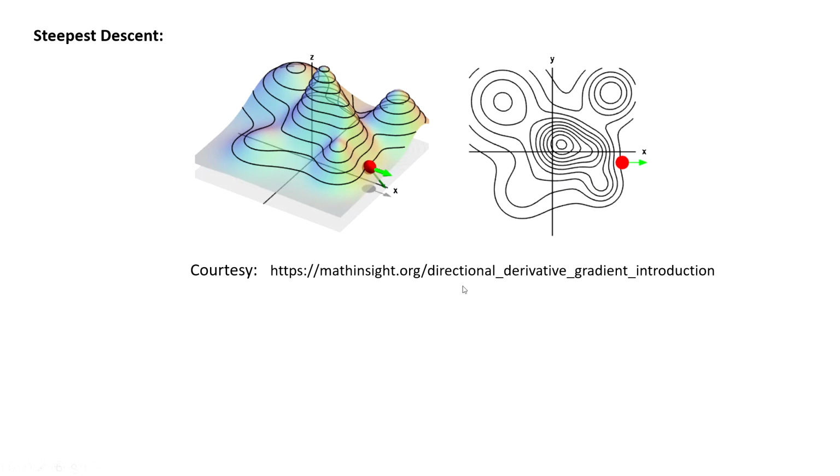This is what I really wanted to get to. What's the big deal about this gradient vector? Check this out.